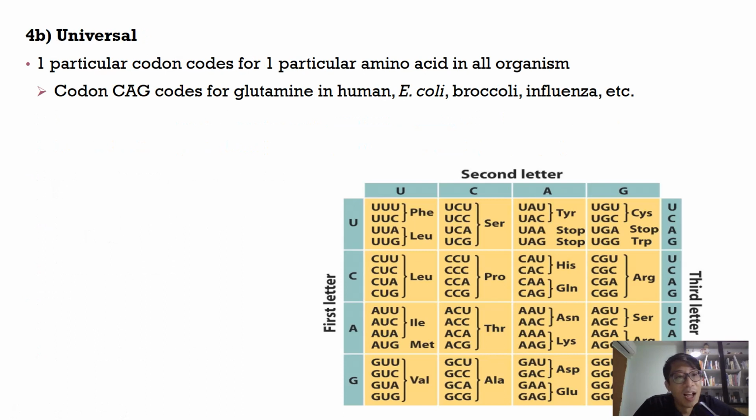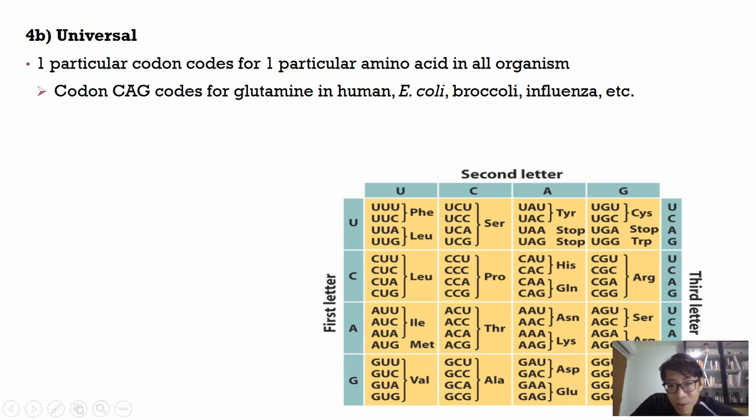The next feature is that the genetic code is universal. Almost all organisms on Earth follow the same rules. If CAG codes for glutamine in human cells, it will also code for glutamine in all sorts of other cells.